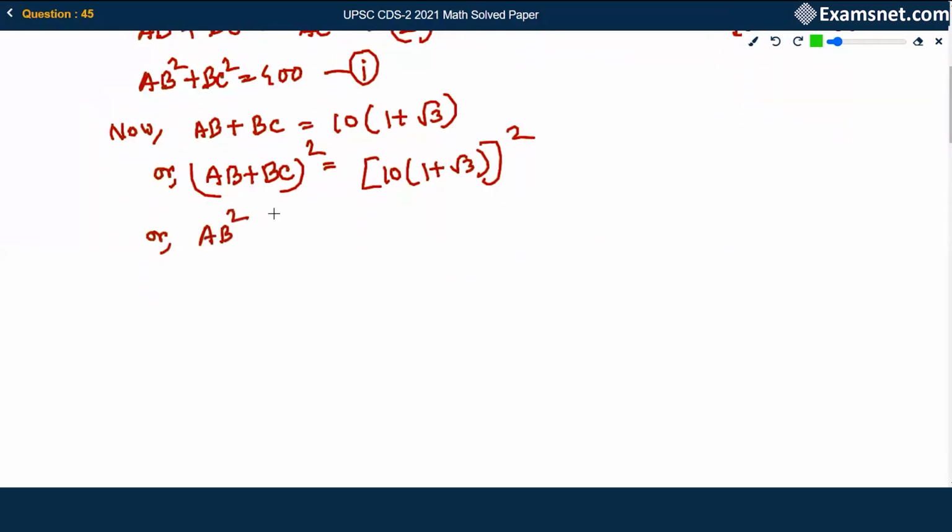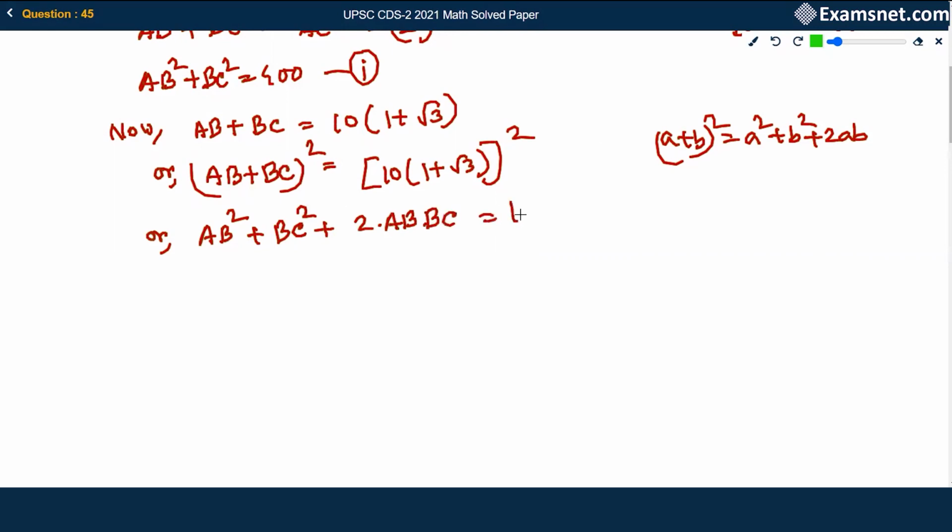Now expand it with the help of the formula (A plus B) whole square, which is A square plus B square plus 2AB. So AB square plus BC square plus 2 times AB times BC equals 100 times (1 plus 3 plus 2 root 3).